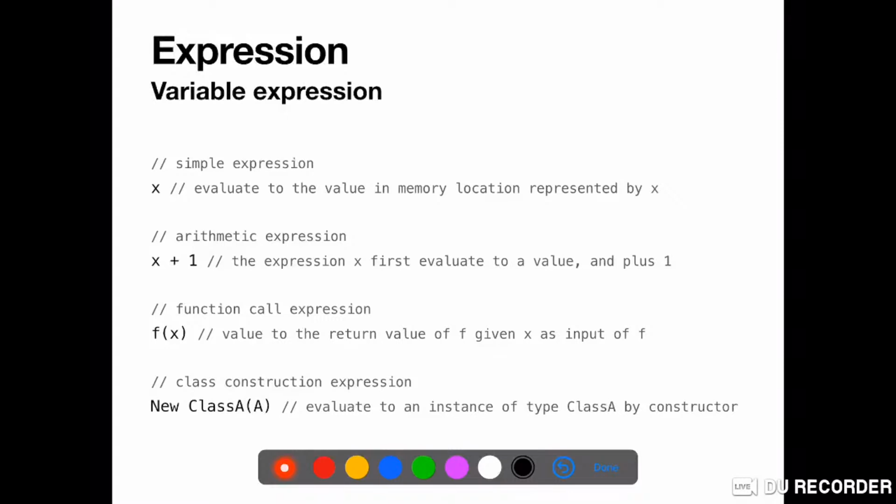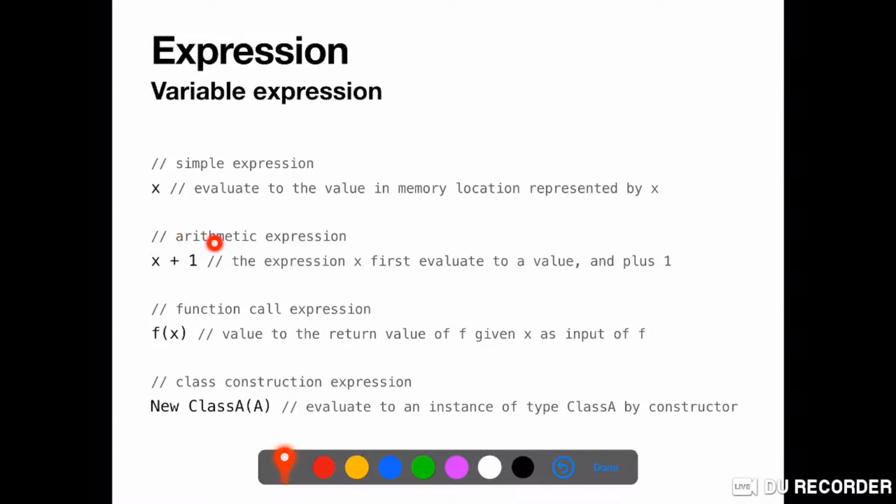You probably don't call them expressions, but sometimes it helps to distinguish between the concepts. So, for example, if you write a variable x, it's a simple expression, and the expression evaluates to the value in the memory location represented by x. So you probably know this. You just didn't express the concept this way.